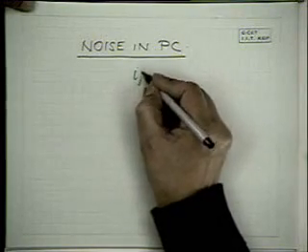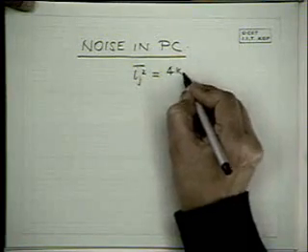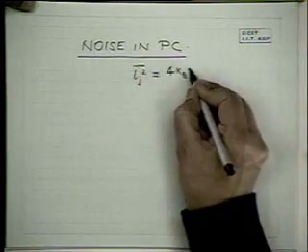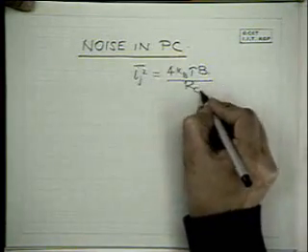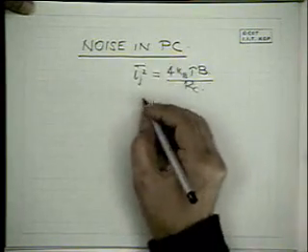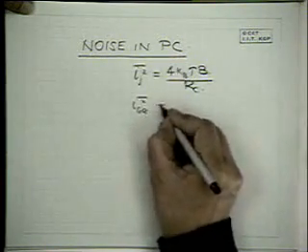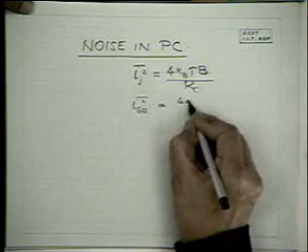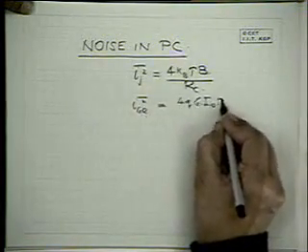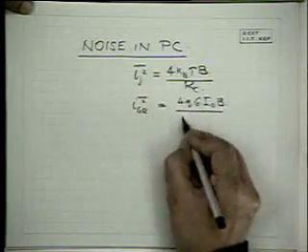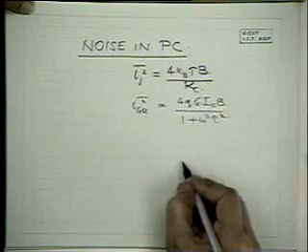The Johnson noise current squared is given by 4 kB T times bandwidth divided by the photo RC, and we have a generation recombination noise which is given by 4q gamma, which is the gain, I0 b over 1 plus omega squared tau squared.